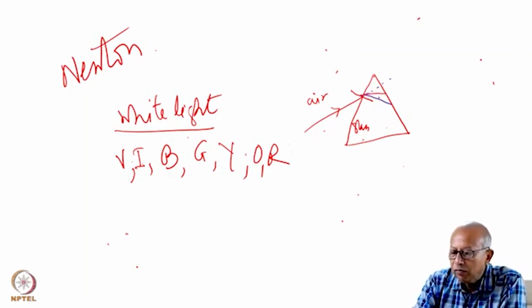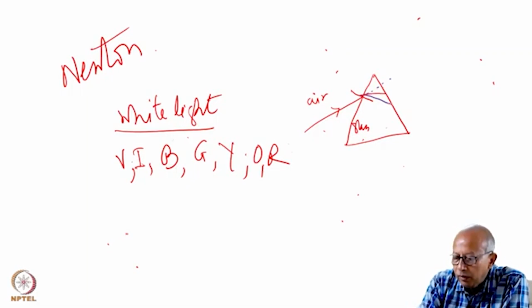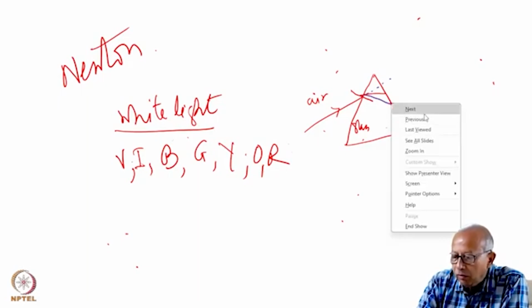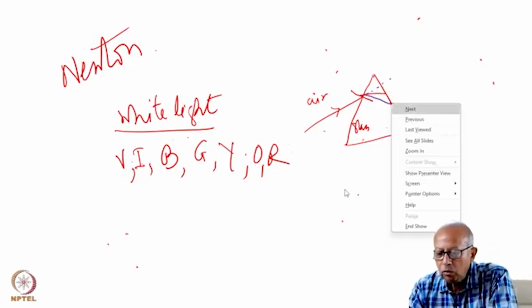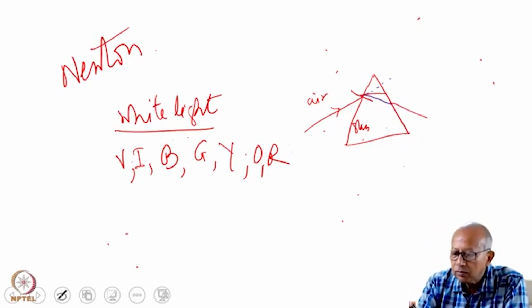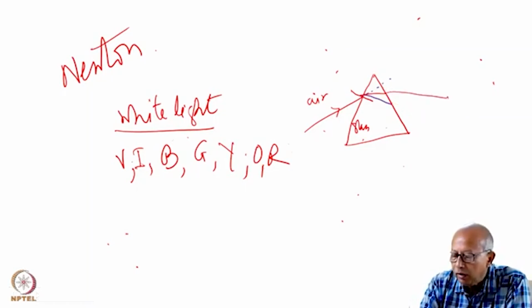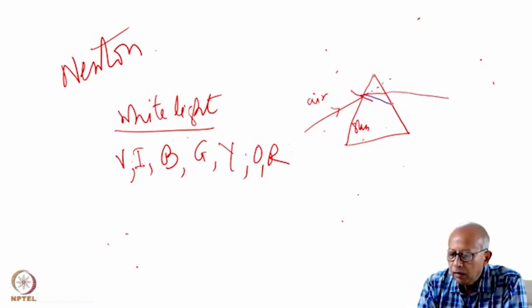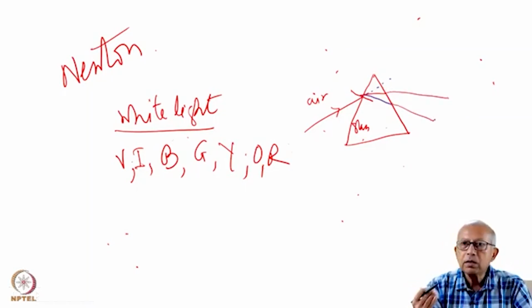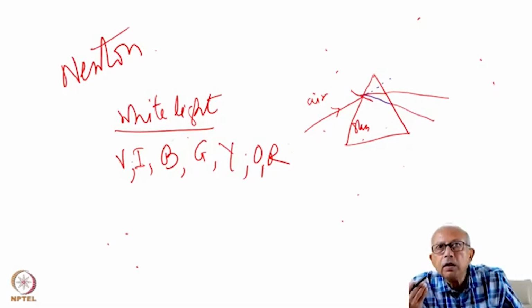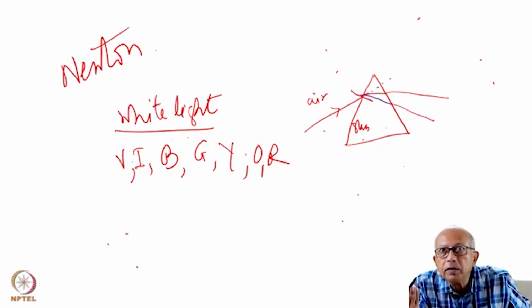On the second surface, of course, this splitting of these different wavelengths will be further enhanced. So this phenomenon is called dispersion of light.